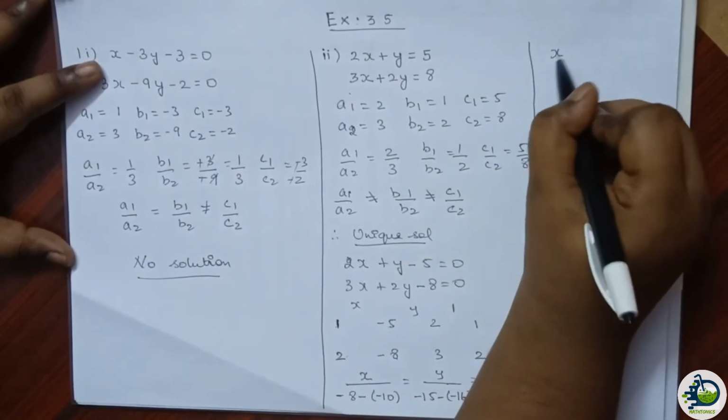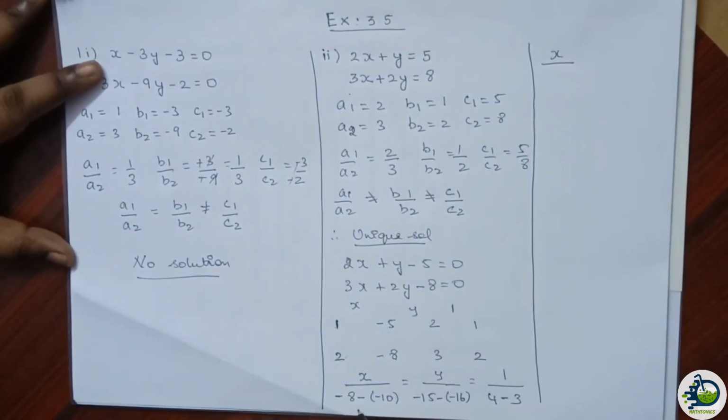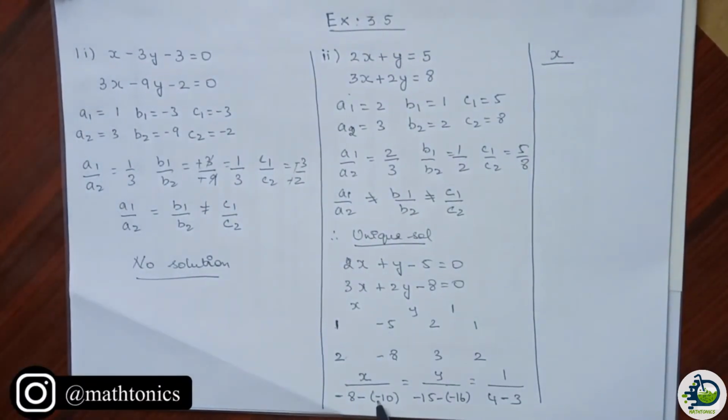Now we have to simplify this. x by minus 8, minus into minus is plus, so minus 8 plus 10 is 2.